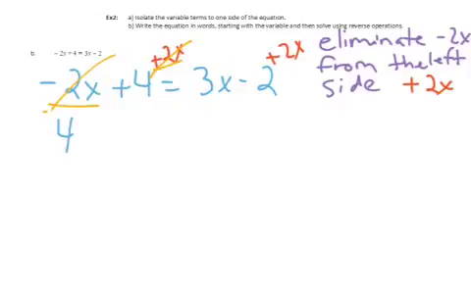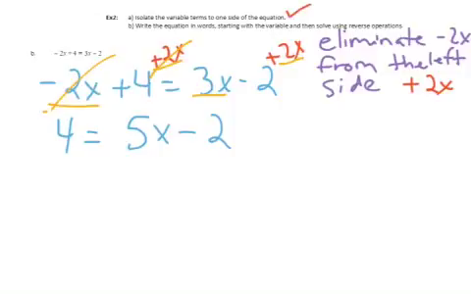So I have 4 equals, on the right side of the equation, my like terms were 3x and positive 2x. So 3x plus 2x is 5x minus 2. We still have that minus 2 there. So now I've done the first part. All of my variables are on the right side of the equation, so part A is done.